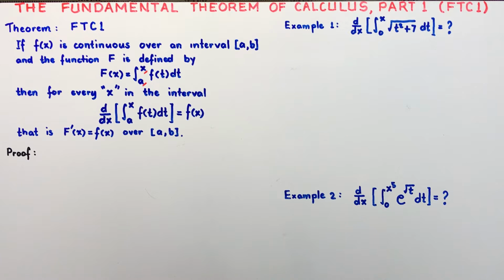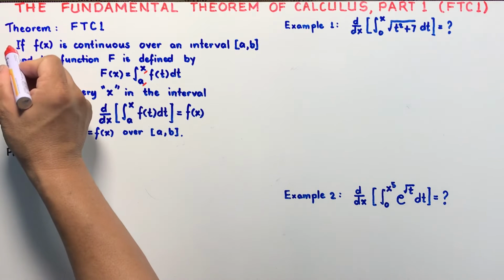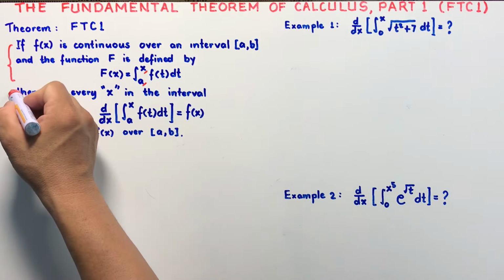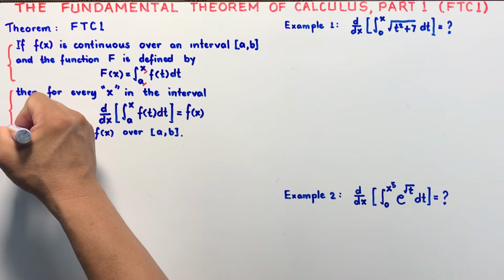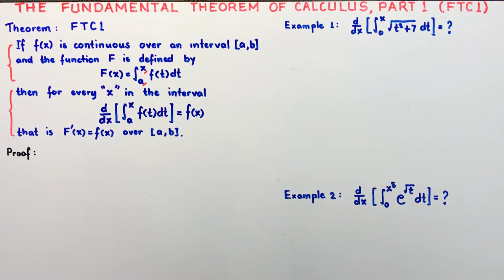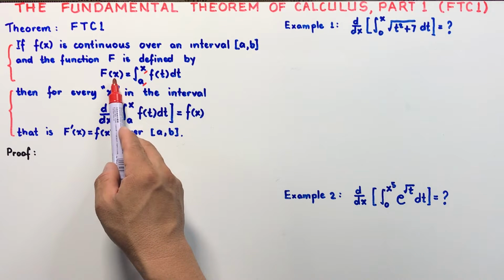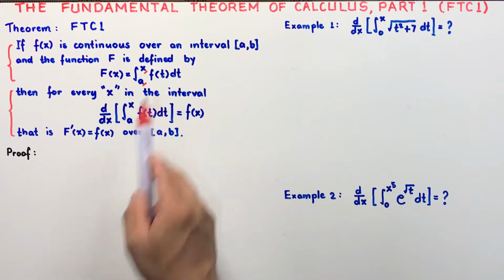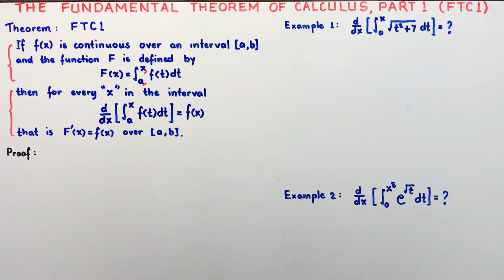Now, I would like to invite you to see that there are two parts in this theorem: the hypothesis part of this theorem and the conclusion part of the theorem. The hypothesis part of the theorem states that the big F of x is the antiderivative of small f of t over a closed interval a to b.